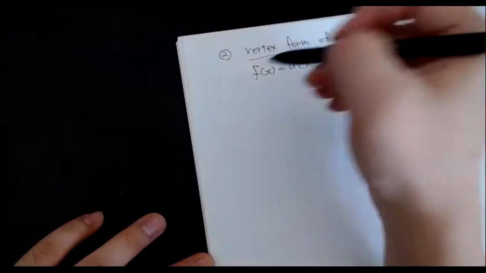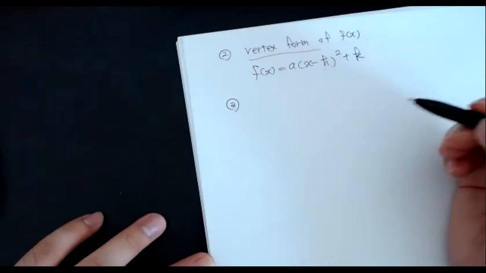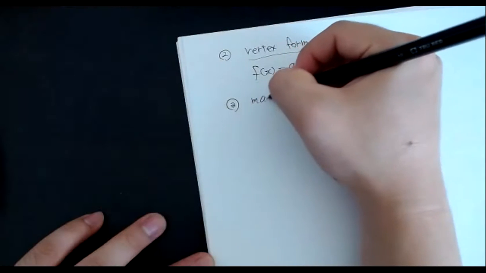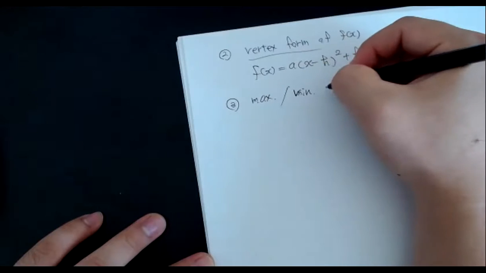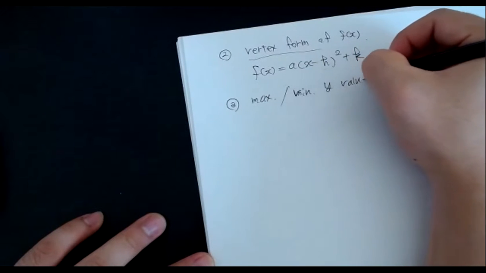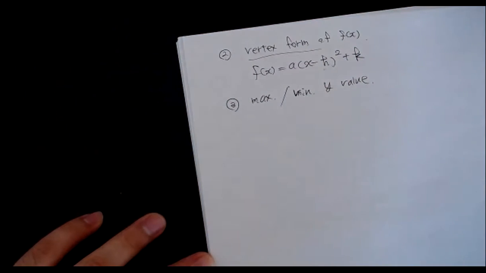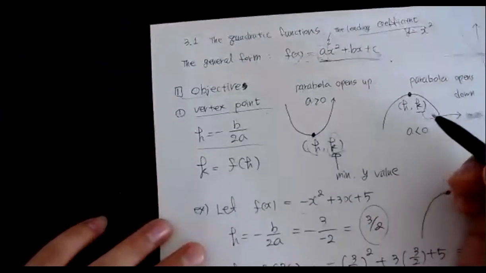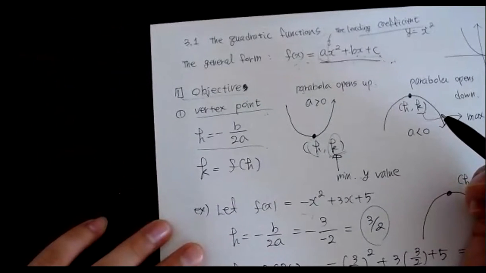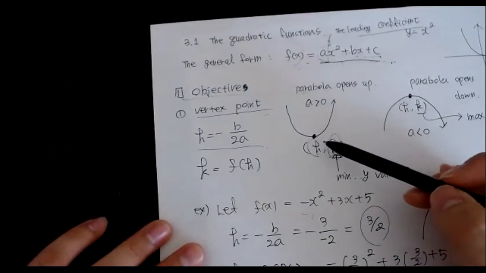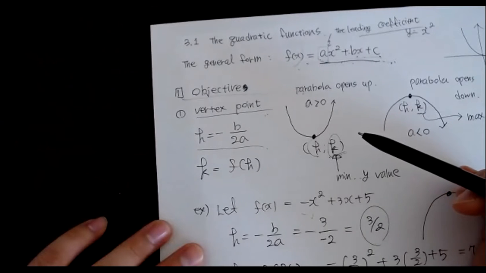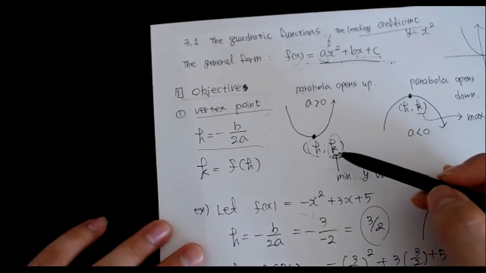Now the third one is the maximum and minimum value, the y value. Keep in mind that a quadratic function doesn't have both a maximum and a minimum y value. In this case, the parabola opens up, so we know that k is the minimum y value.